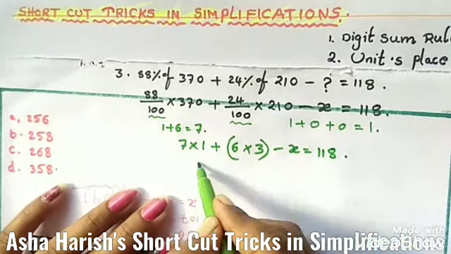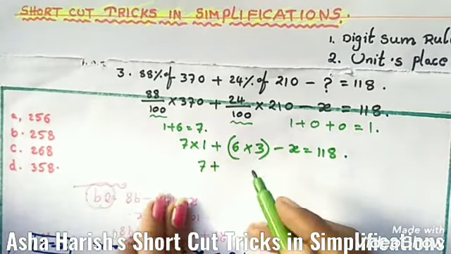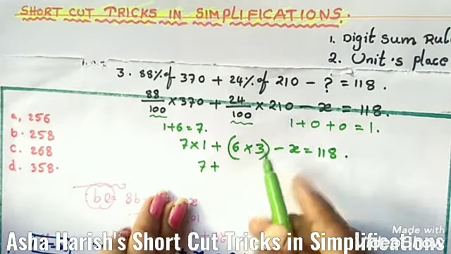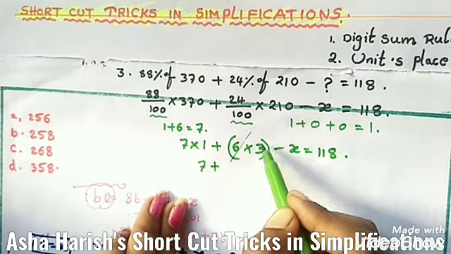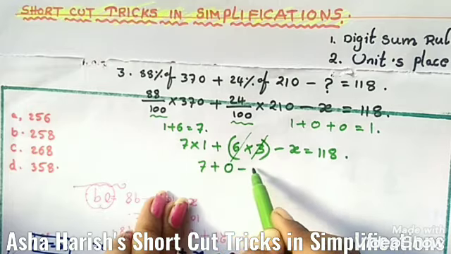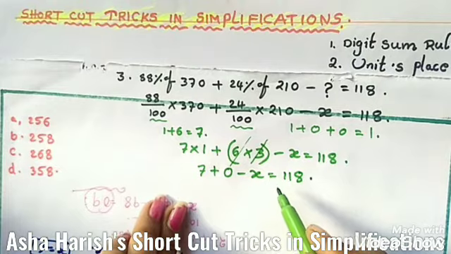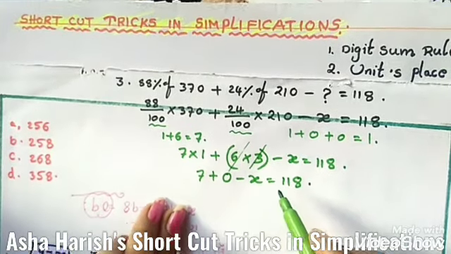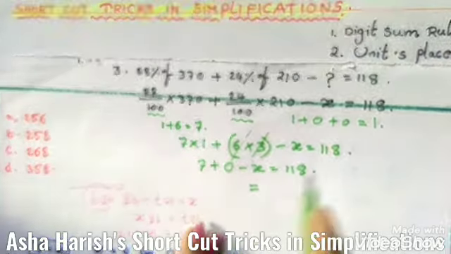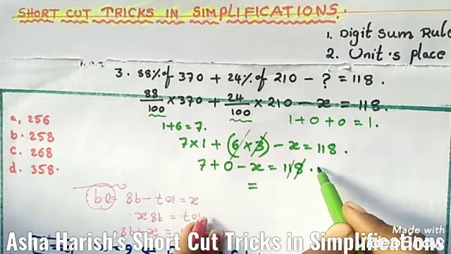Okay, now here is 7 plus 6 into 3, 18. 18 means 1 plus 8, that is 9. So this number is eliminated from here. Then students, 7 plus 0 minus x is equal to 118. And one more thing, here this 1 plus this 8 is 9, so it should be eliminated.